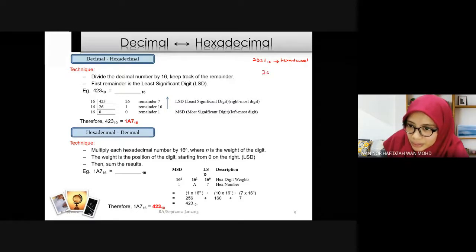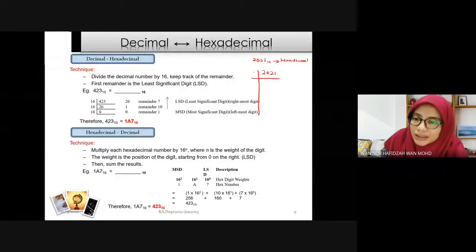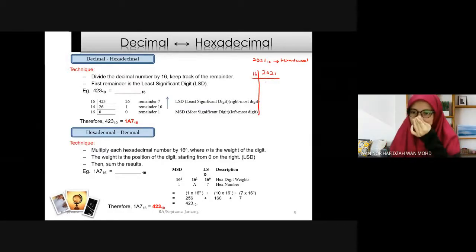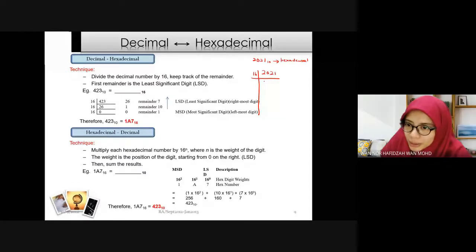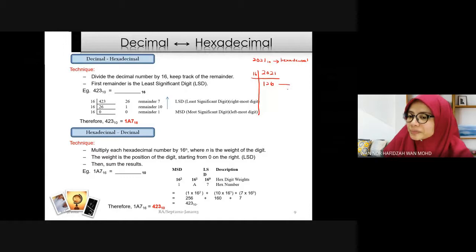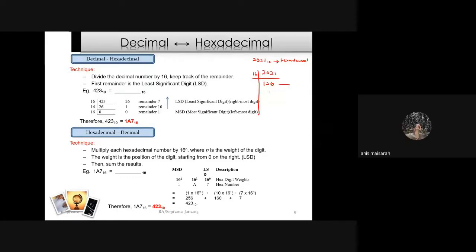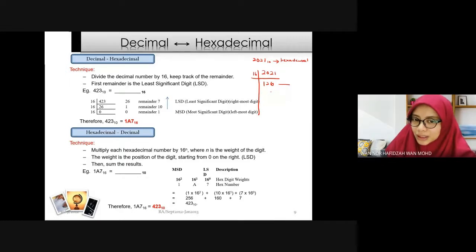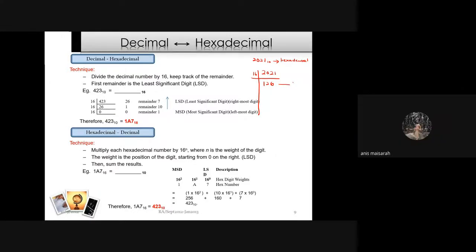So, 2021 divided by 16. What is the answer? 126. Is there any remainder? Yes, 126.3125. Multiplied by 16, that gives 5.